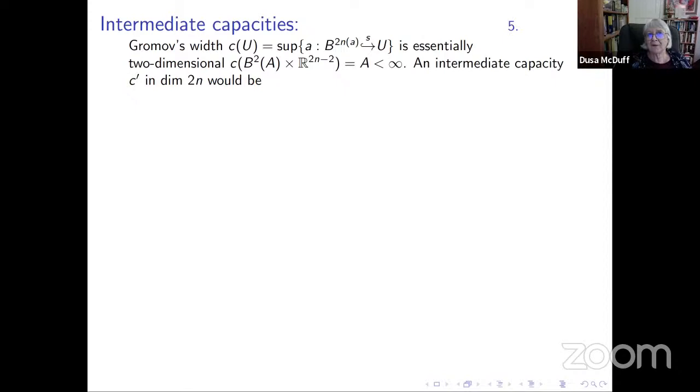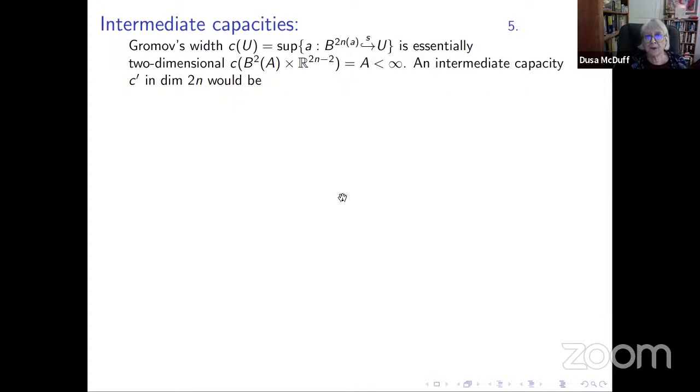Now, there was a question, are there intermediate capacities? So Gromov's width is essentially two-dimensional, as I pointed out. And so an intermediate capacity would be a measurement C prime, which would have the following properties. It would be monotone.